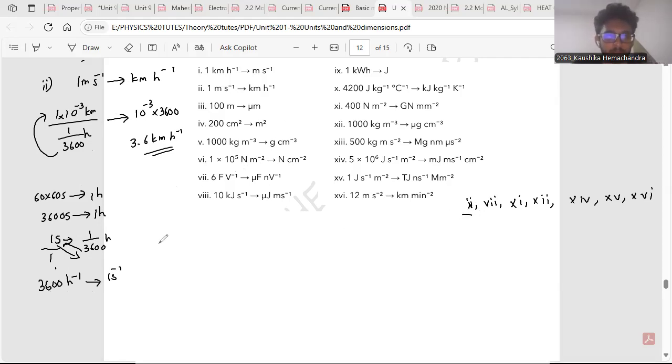Then the seventh one. What was the answer that you all got for the seventh one? 6 farads per volt. You all don't need to know the units, what it means. You need farads and volts in electrostatics, and that should be converted to microfarad per nanovolt.